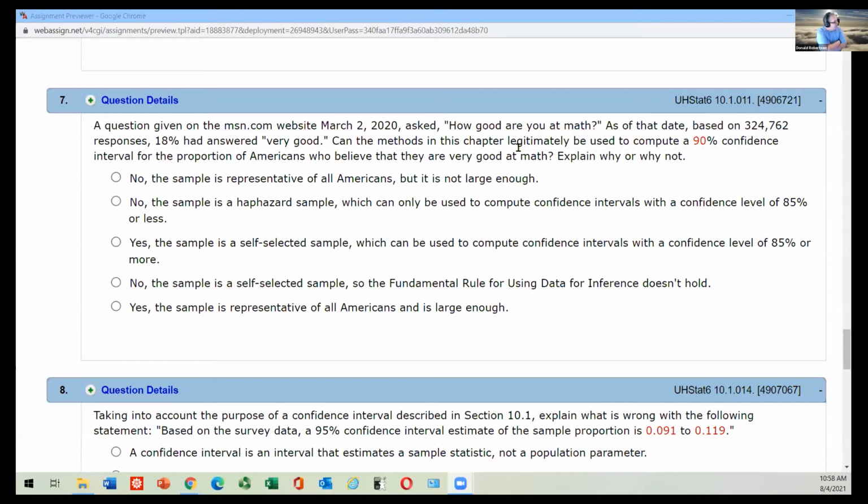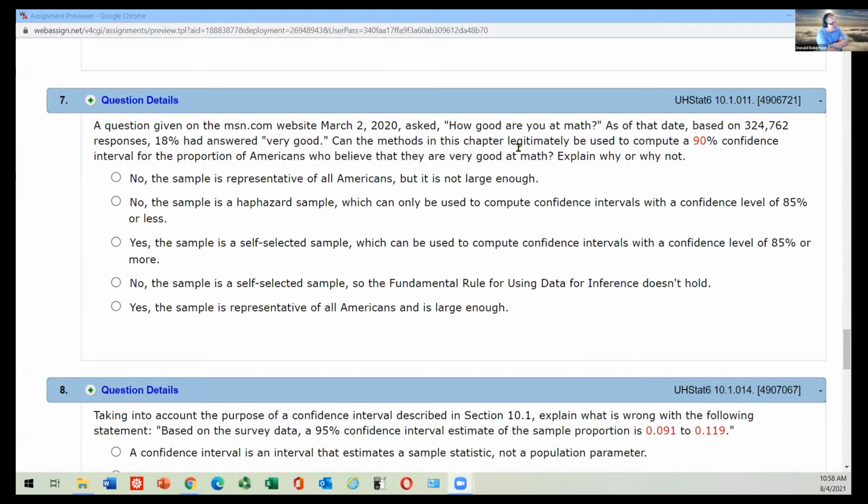So let's return now back to our homework. A question given on the MSN.com website asked, how good are you at math? And 324,000 people responded, and 18% of them said they were very good at math.